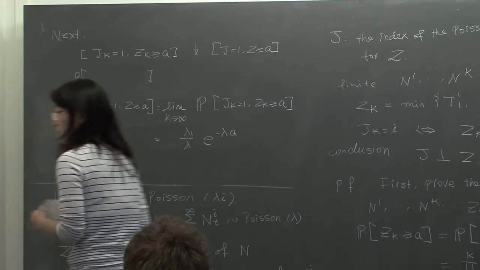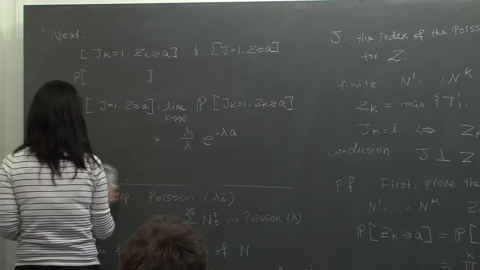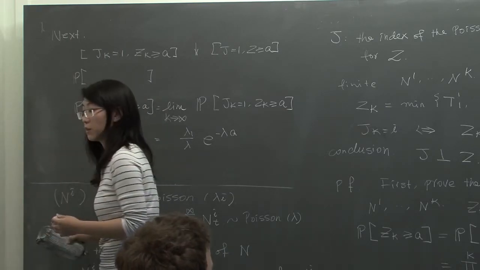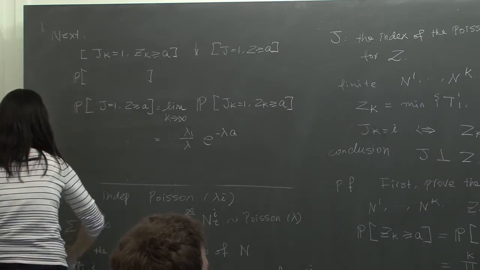The last theorem we talk about for the Poisson process is characterization. So what is the property to characterize the Poisson process?